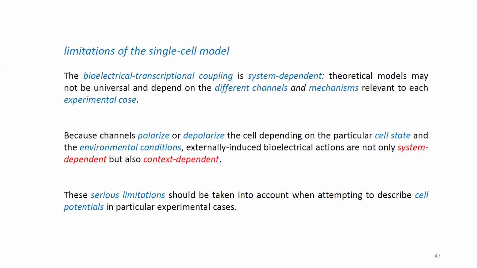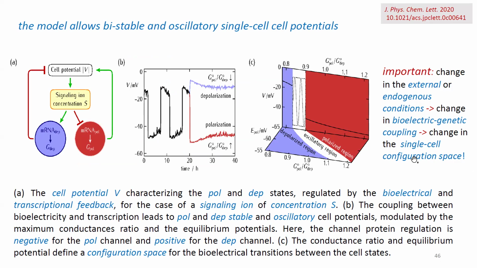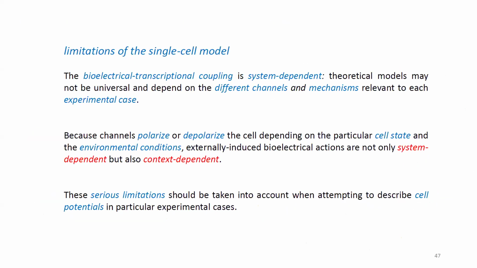The limitation of this single cell model is that it is not only system dependent. I mean, you should change your scheme according to your system. It is also highly context dependent in the sense that small deviations, small changes in the environment, for instance, can lead to different cell potential states.